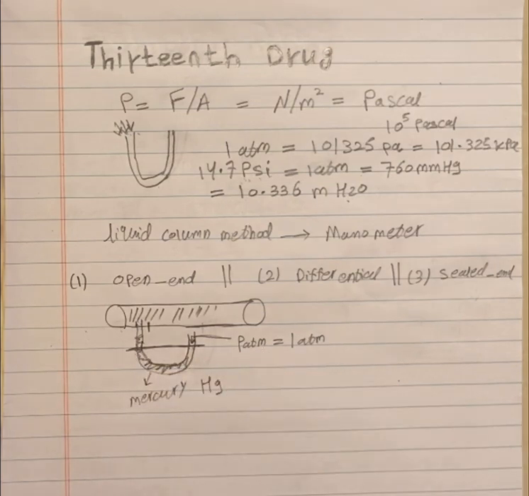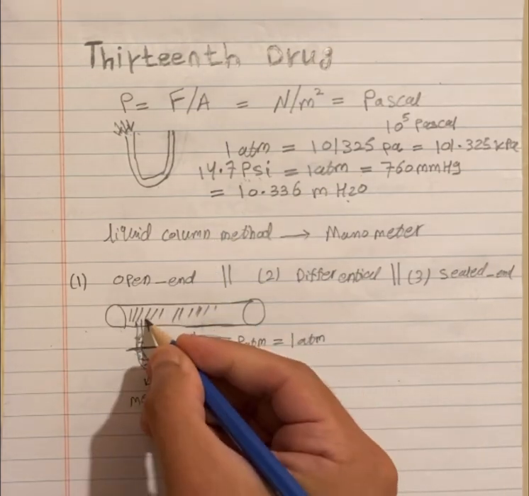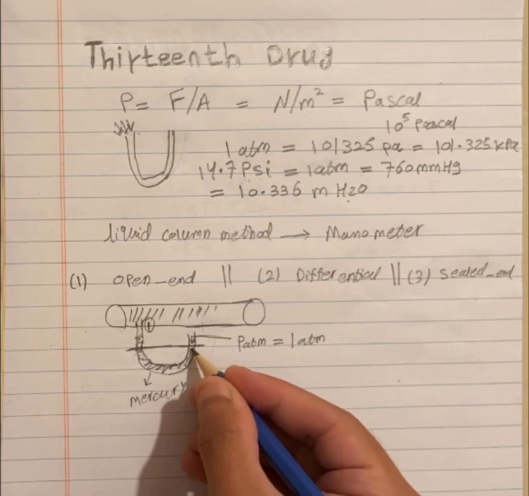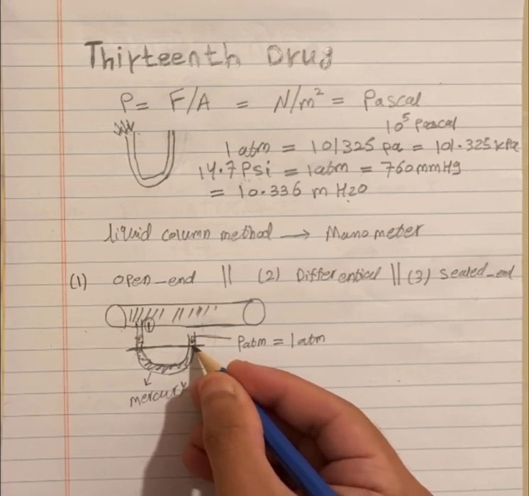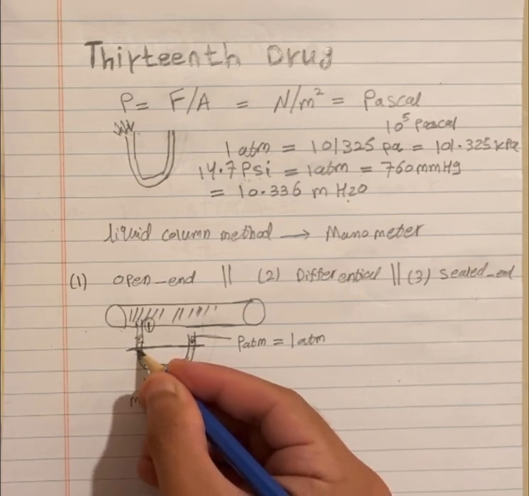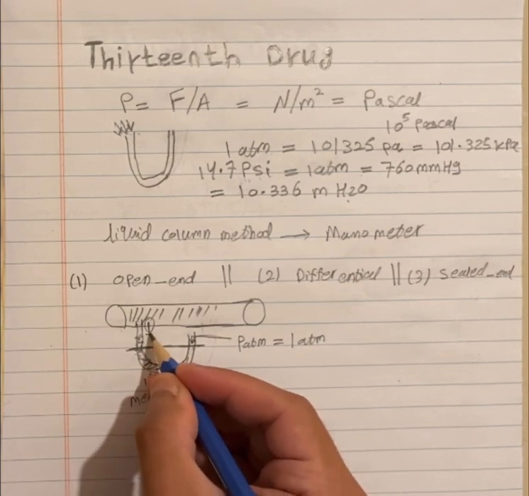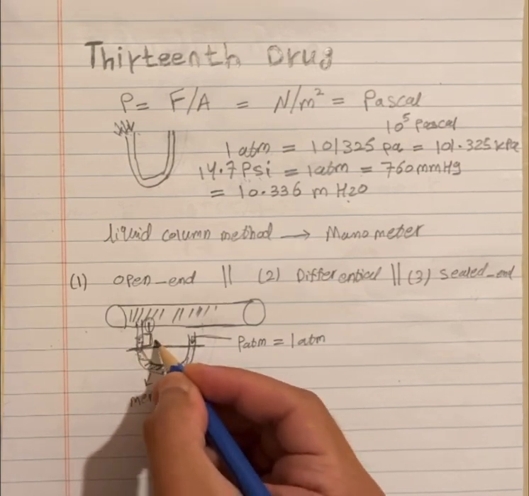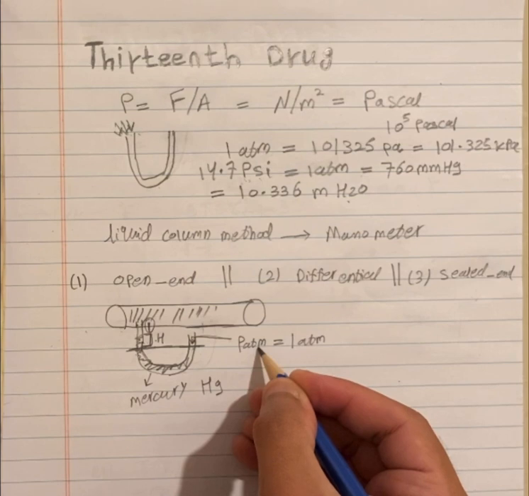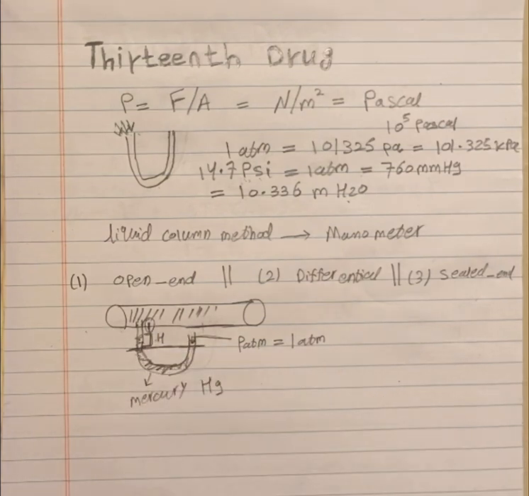And so when we calculate the pressure at point 1, we can ignore the pressure transfer from here up to here, and you can only focus on this area. If we know its height, and if we know the atmospheric pressure, we can find the pressure of the fluid we want to find its pressure.